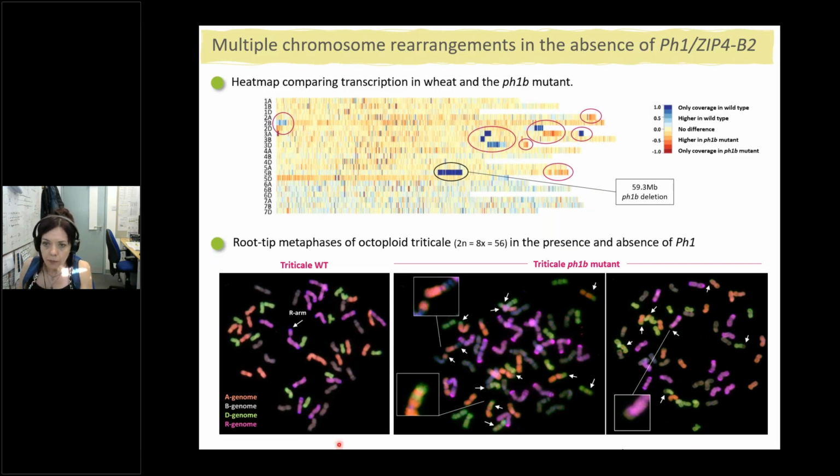And then another example is this octoploid triticale that I synthesized in both the presence and absence of the Ph1 locus. On the left, you can see triticale wild type, where sometimes there was some aneuploidy. This is quite usual, but nothing compared with the two examples of triticale plants in the absence of Ph1 on the right.